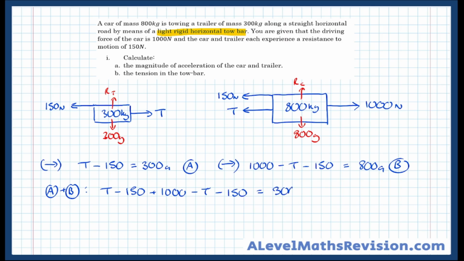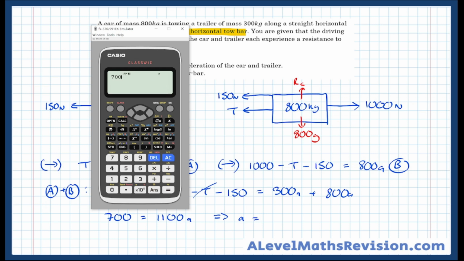So 300A plus 800A, making clear exactly what I'm doing at each stage. So I can see T take T is 0, and 1000 take 300 is 700, equals 1100A, which means that the acceleration is 700 over 1100.